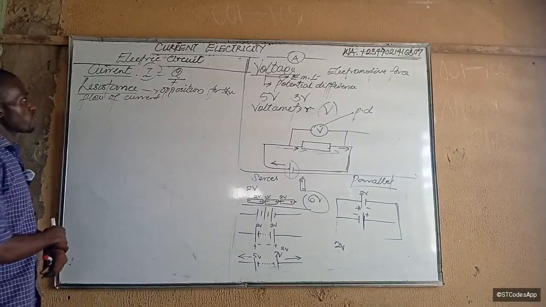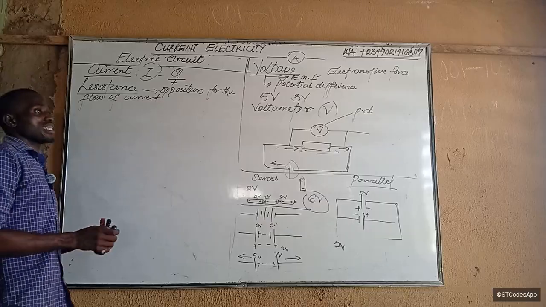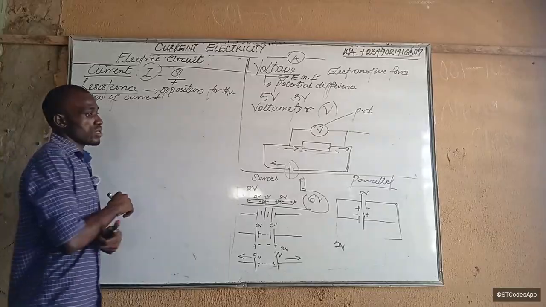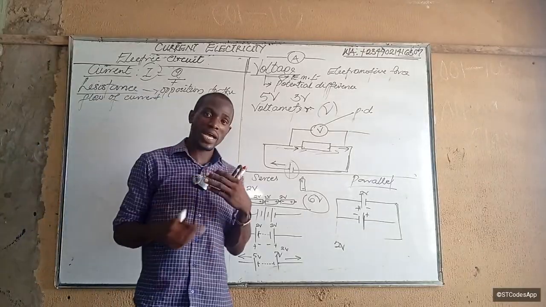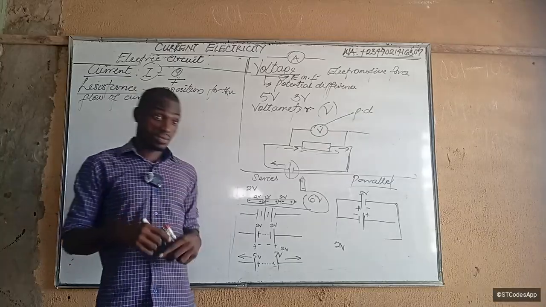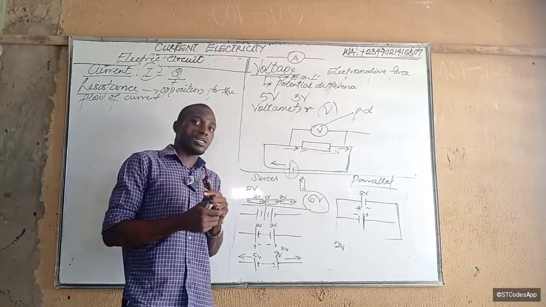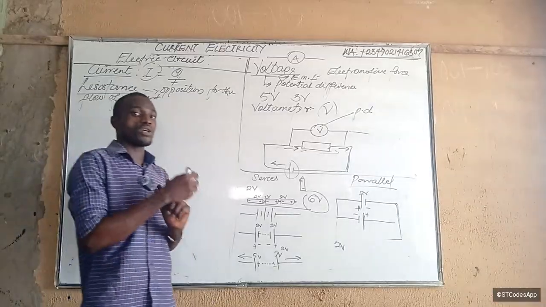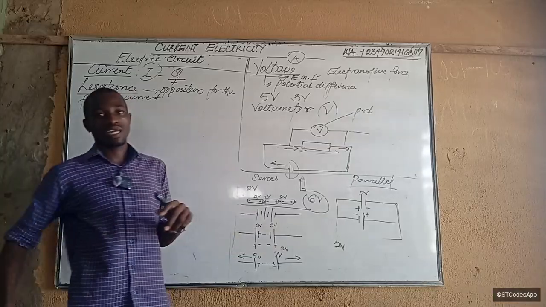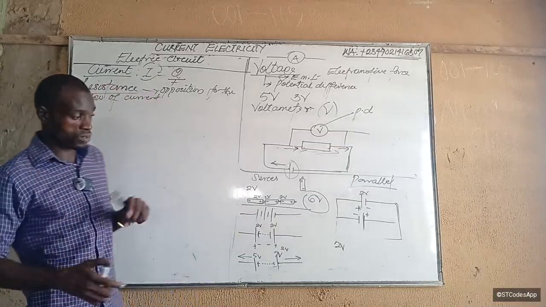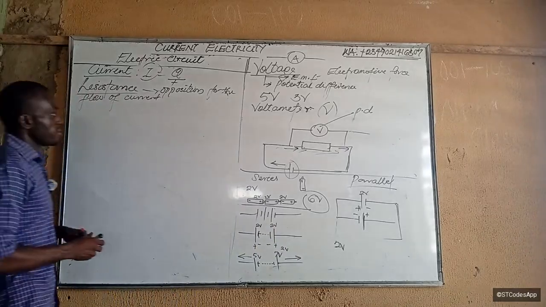What does that mean? It means that there's a hindrance to the flow of current. And I've told you what we use it for. Some circuitry components might not require the amount of current that is being delivered. So you use resistance to oppose the current flowing such that it does not get to that component of the circuit, so that that component will not get spoiled. All right. So that's resistance.